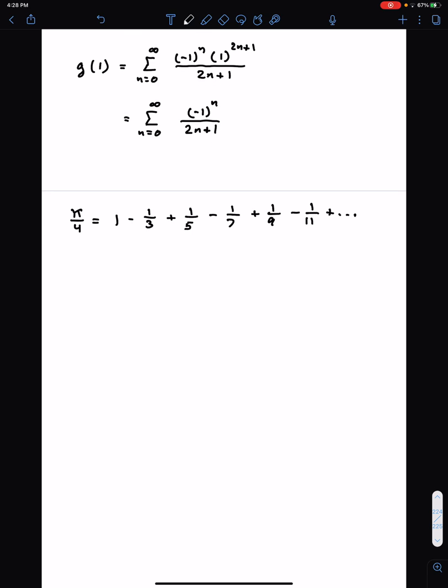If I multiply both sides by 4, pi is equal to 4 times 1 minus 1/3 plus 1/5 minus 1/7 plus 1/9 minus 1/11, and so on. So pi can be written as an infinite series as well.